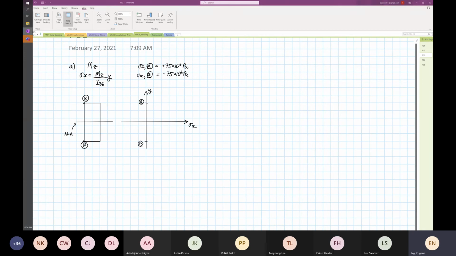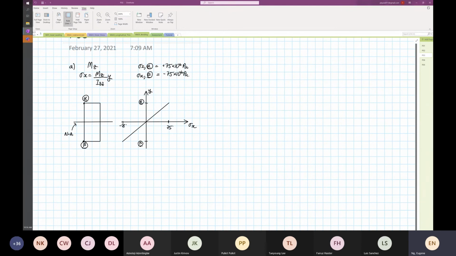We realize that stress x at alpha is tensile by 75, so I'm going to declare this my 75. Over here will be minus 75. So we can draw a line now, and it will intersect exactly at the center.